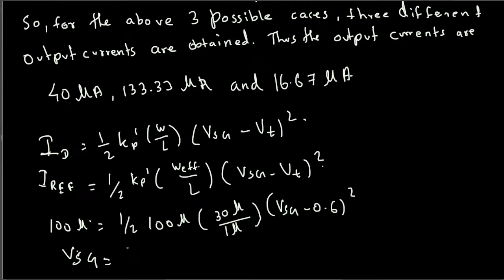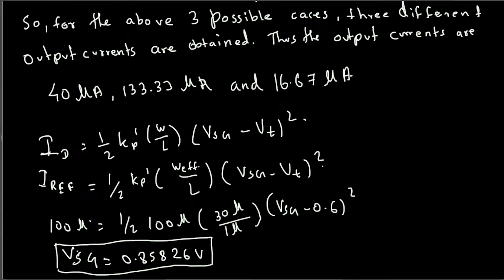For the first case, with W effective of 30 micrometer, VSG comes out to be 0.85826 volt.